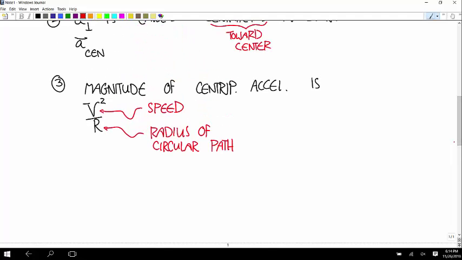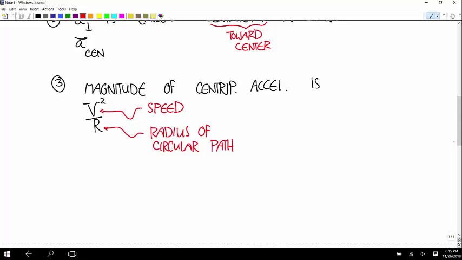Now, the fact that the speed is in the numerator makes sense. What about the fact that the radius of the circle is in the denominator? Does that make sense? The first thing we did was go 20 meters per second around that original big circle.